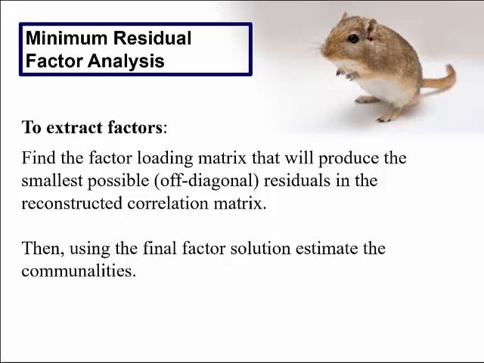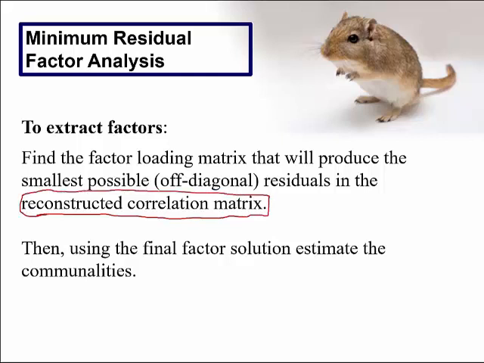So the goal has been to explain as much as possible of the variance in each x variable. Now we're going to shift that goal here for minimum residual analysis to something just slightly different, that rather than trying to explain as much as possible of the variance in each x variable, we want to try to produce a solution that will produce the smallest residuals in our reconstructed correlation matrix.